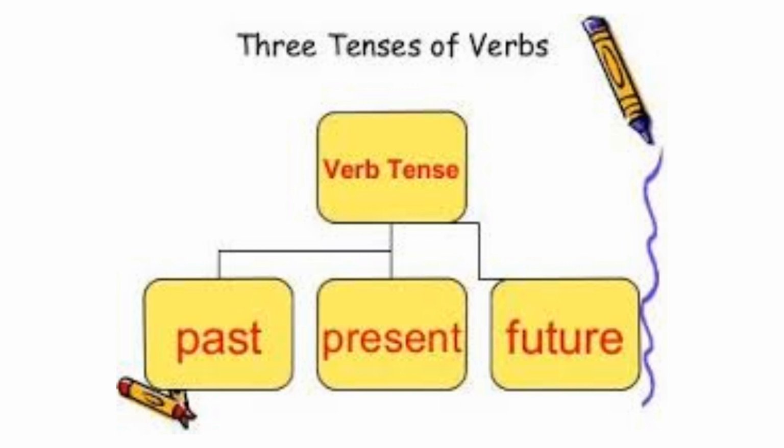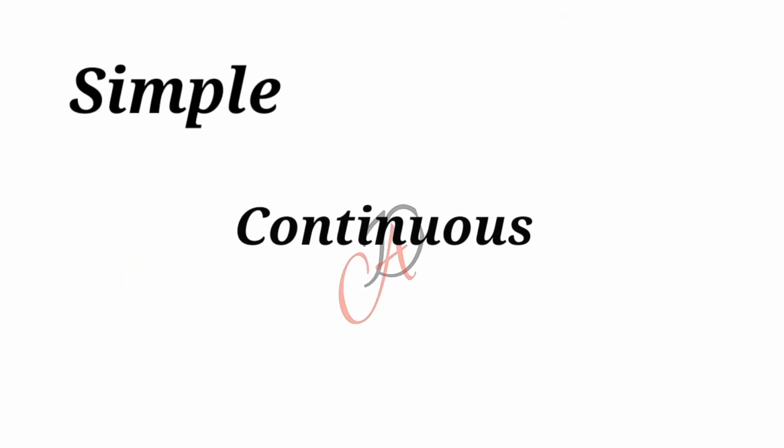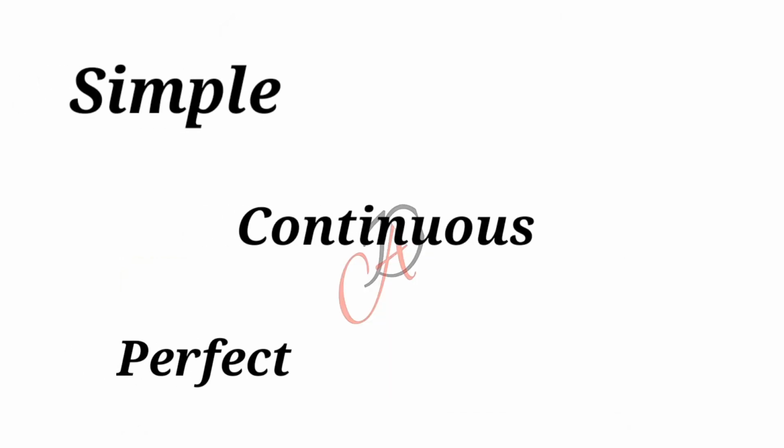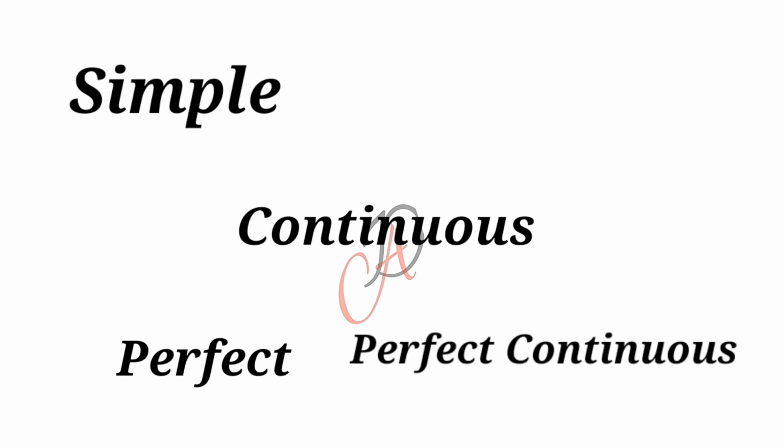And tenses are divided mainly into three types: present tense, past tense, and future tense. Each main tense is subdivided into four subtenses, that is, simple, continuous, perfect, and perfect continuous. And the usage of each subtense is also very important, and we are going to discuss the usage of each subtense in the next video, and we'll be right back soon right here on YouTube.